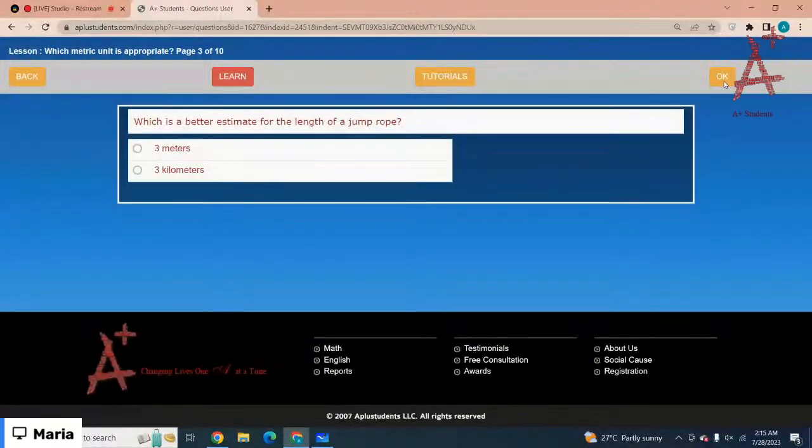The correct option is 3 meters, because 3 kilometers is much bigger for a jump rope, right? Very good. The correct option is 3 meters.